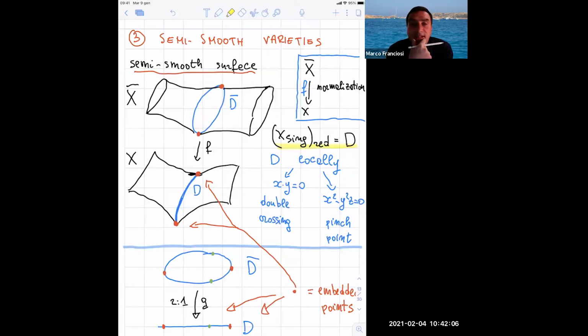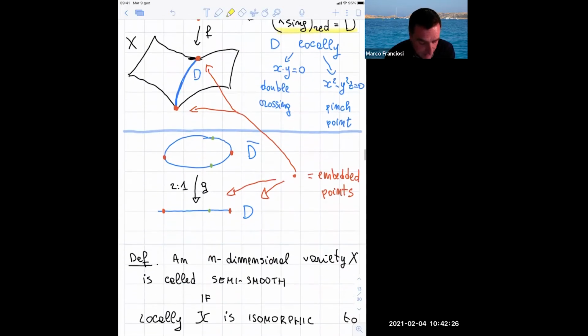And we consider the normalization X bar. So this is a semi-smooth variety, which on one hand can be seen as X with a double locus, and on the other hand, X bar with D bar, having a map onto D. The map from D bar onto D is 2 to 1, and we have these embedded points, which correspond to pinch points.